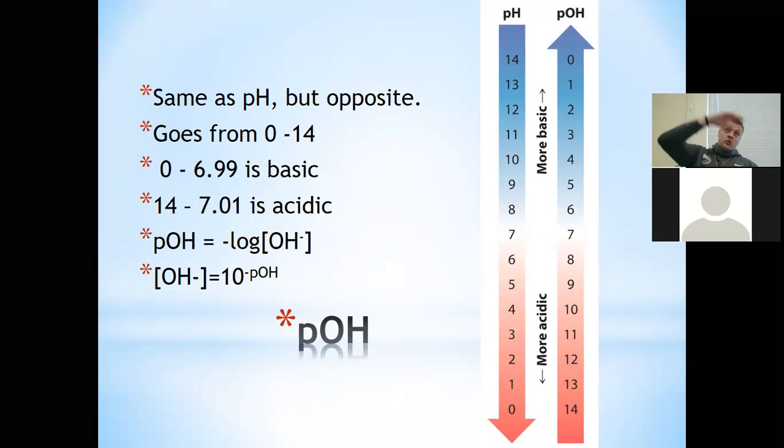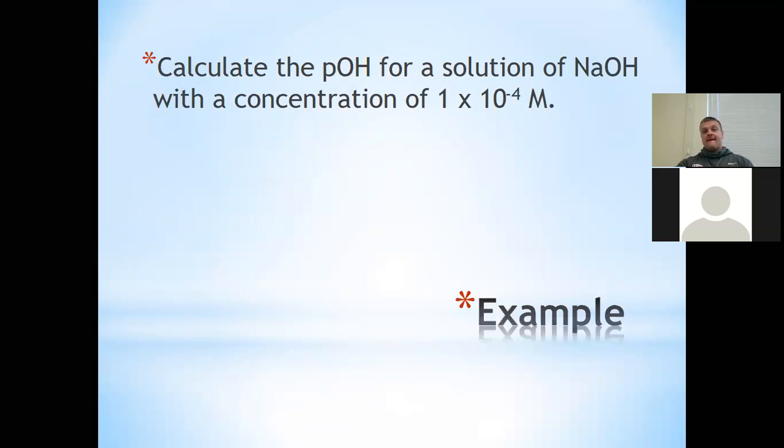So ordinarily, in non-Rona years, we would ask, what is the pH of this substance if the pOH is 6? Well, the pH is obviously 8, because 6 plus 8 is 14. But we're not going to go through and learn that this semester because of time constraints and things like that.